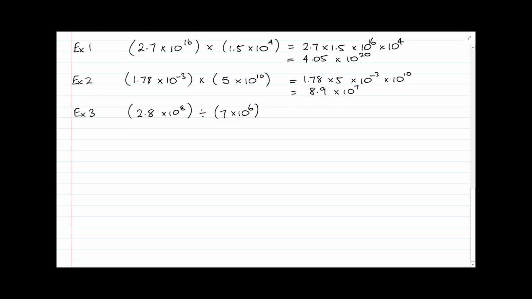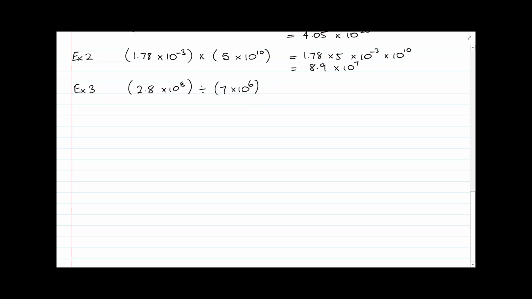And this is going to wrap up a couple of little interesting facts. So first of all, let's write this down like a quotient. 2.8 times 10 to the power of 8 divided by 7 times 10 to the power of 6. So numerically, the 2.8 divided by 7 gives me 0.4 times 10 to the power of 8 minus 6.